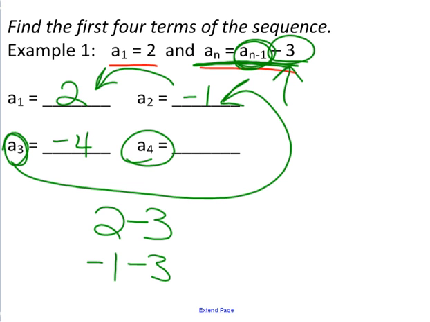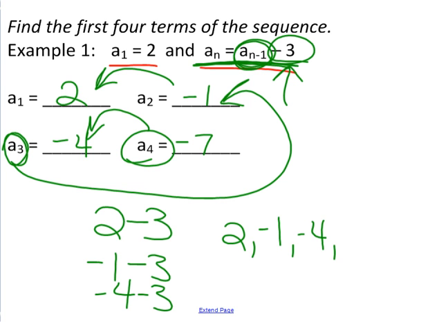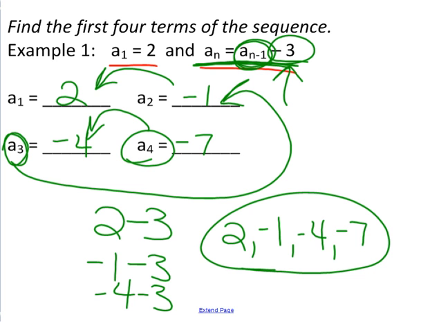To find a sub 4, I've got to look at the prior term, which is -4, and the formula says subtract 3. I get -7. So my first terms, we have 2, -1, -4, and -7 would be my answer.